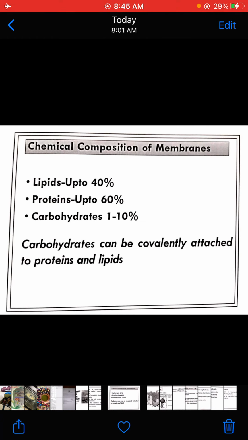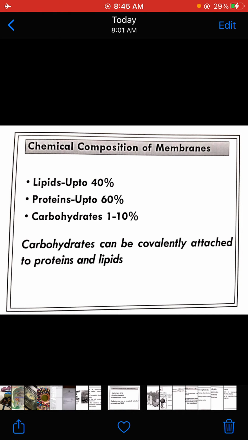To talk about the exact chemical composition of the membrane, we know from very basic knowledge of science that the cell membrane is composed of lipids, proteins, and carbohydrates. Carbohydrates can be covalently attached to proteins and lipids, so they are conjugated carbohydrates.